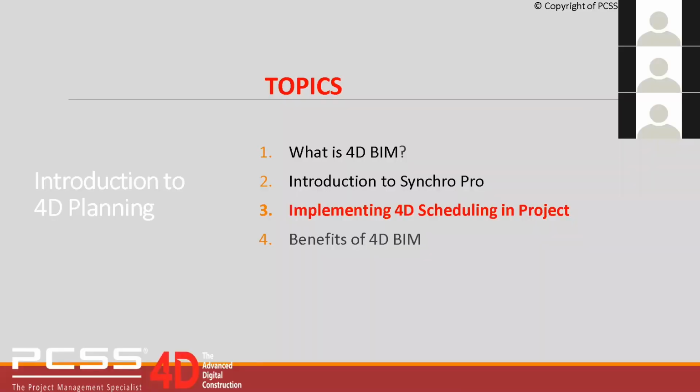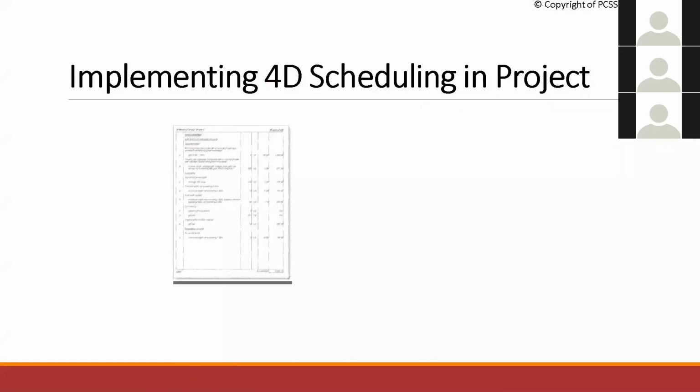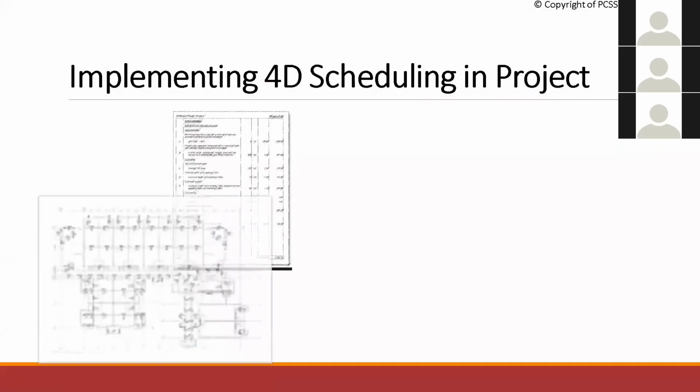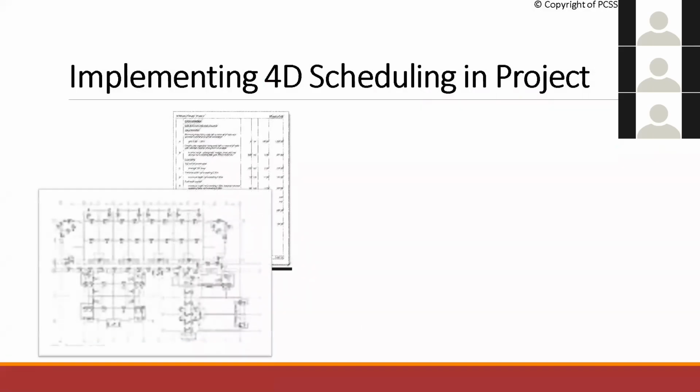Okay, now moving on to the implementation of 4D scheduling in a project. So we know that currently we have the BQ and the design, and from there we produce the schedule.